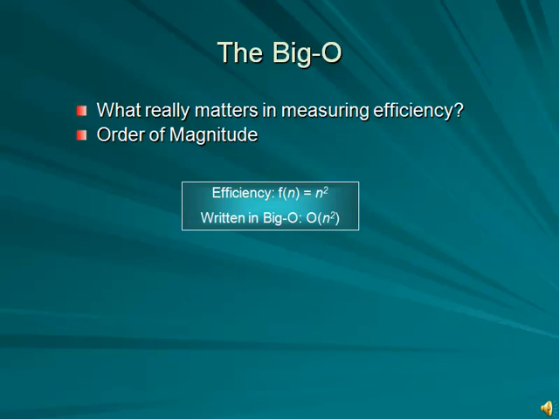The O in big O really just stands for order of magnitude. So in a simple case like two nested counting loops, a quadratic algorithm, we had an efficiency of n squared, and that's written as O(n squared).